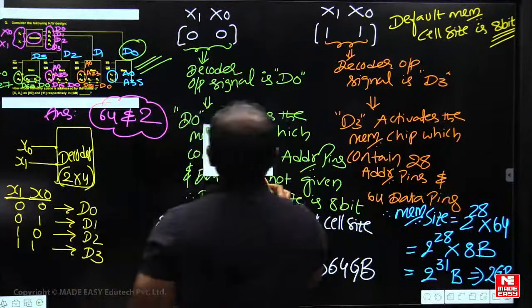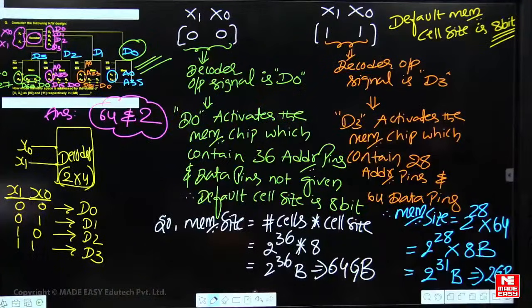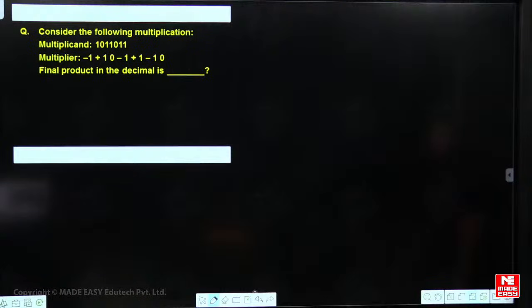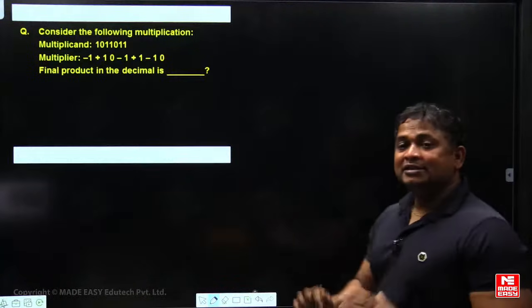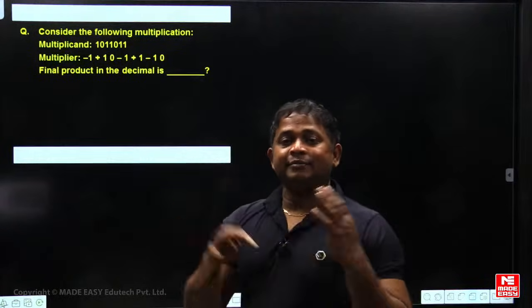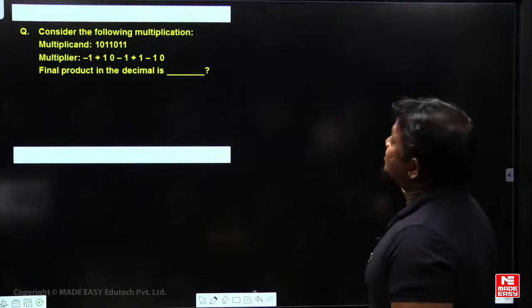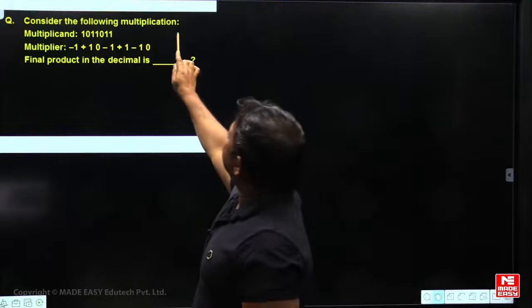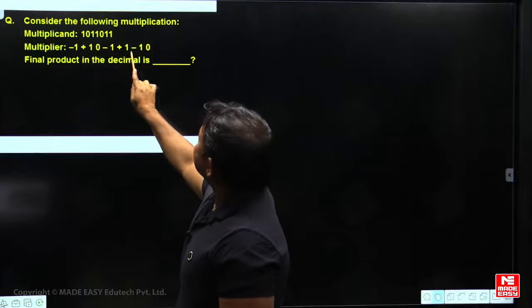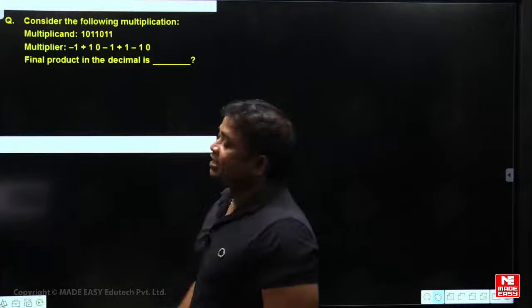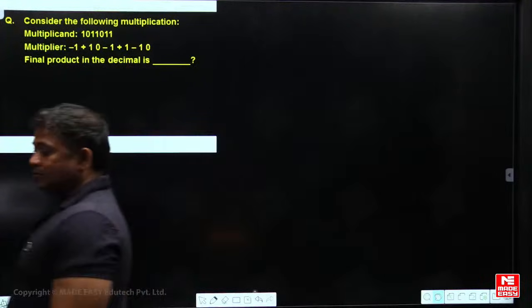Shika, all other students here. I mixed up the questions. Questions are not coming in order. Okay, I'll make the questions. So please answer quickly. Consider the following multiplicand. Final product in decimal. I need the final product.